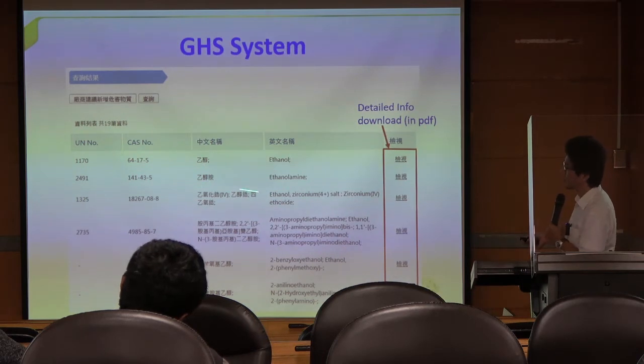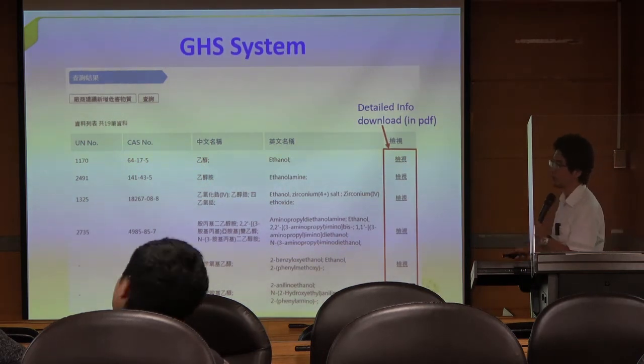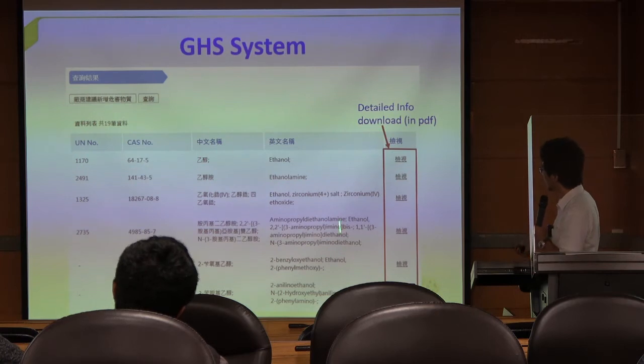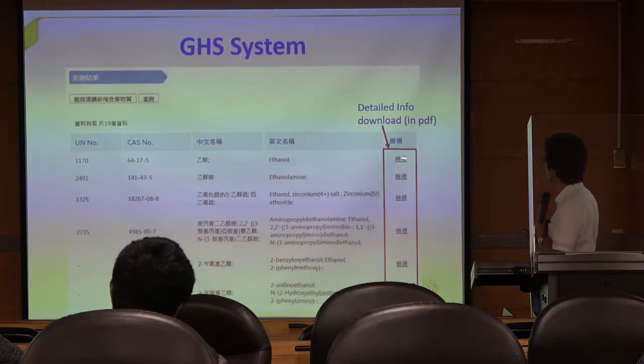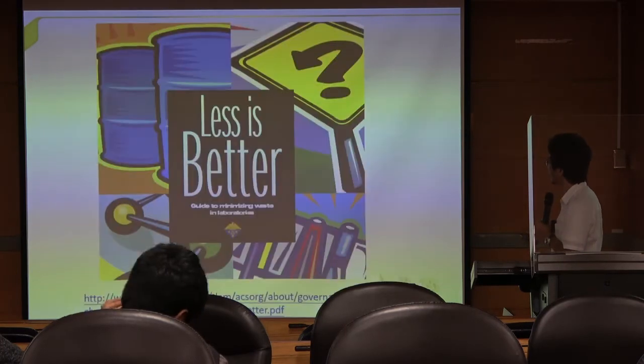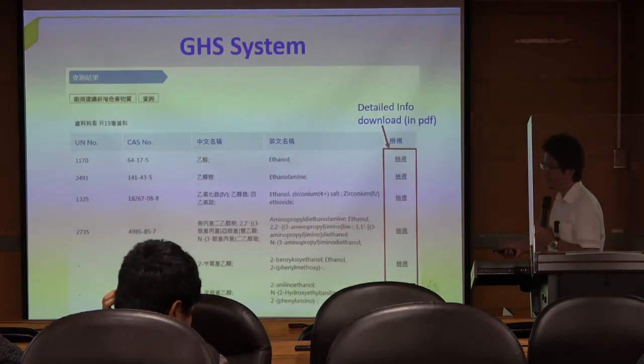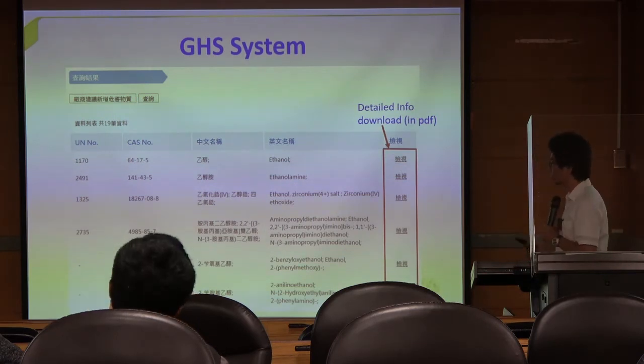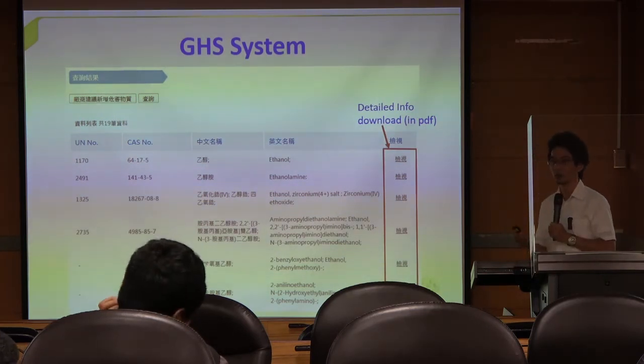The database is not so smart. It will show you the ethanol-related reagents, lots of ethanol-related reagents. You can see here, you can download the PDF, then you get the SDS for the reagents.